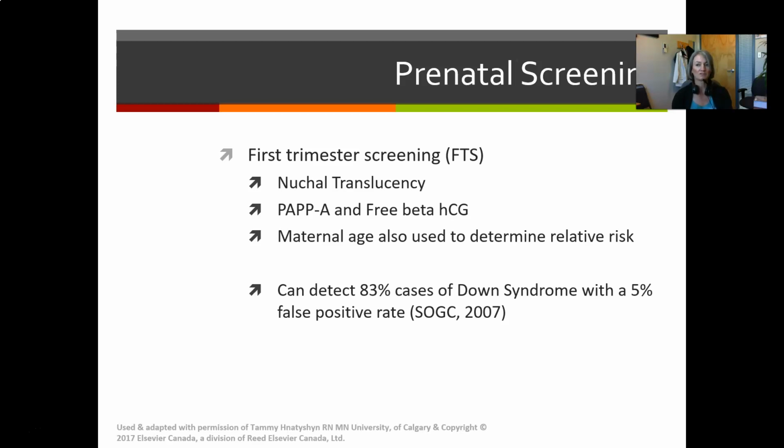All right, so you're working with somebody that just found out they're pregnant or suspects they're pregnant, and then we have to start looking at some of our prenatal screening. So in our first trimester, those first few months of pregnancy, there is some screening that we routinely do. We've got our nuchal translucency. We certainly have to look at our risks, and that's part of what we determine they should be offered.